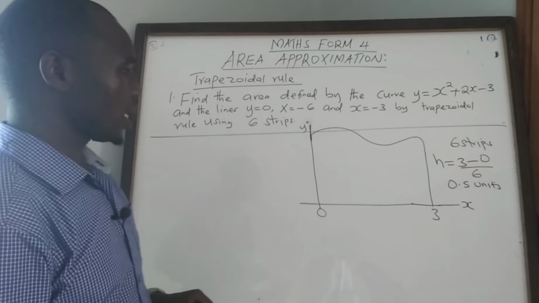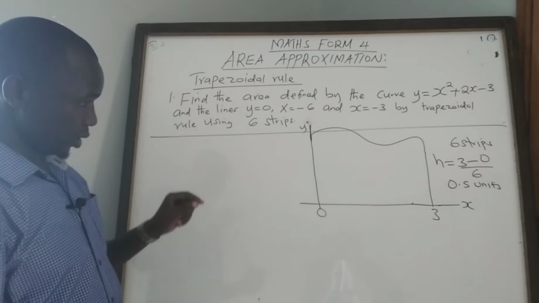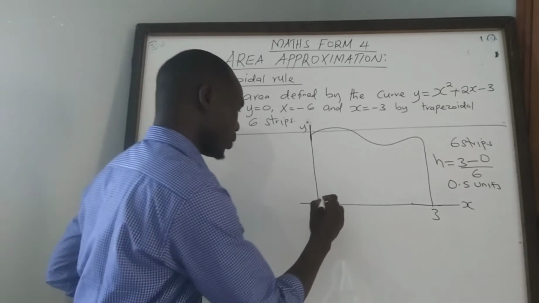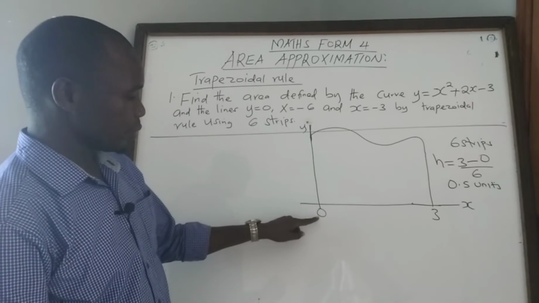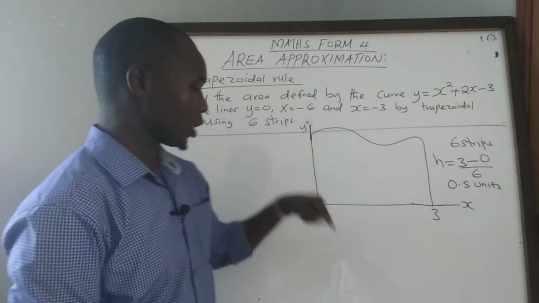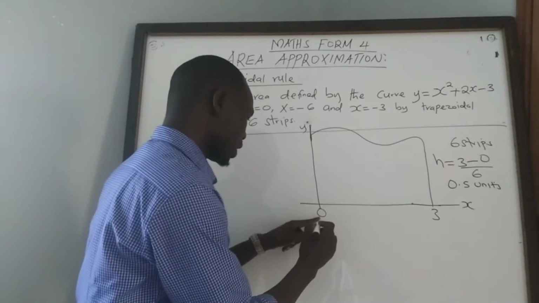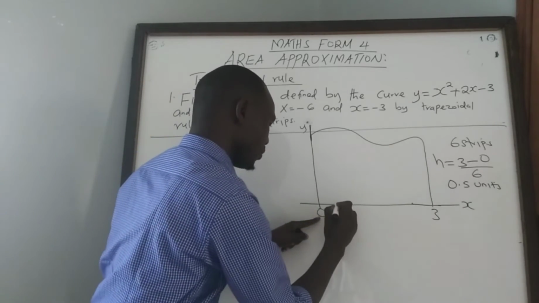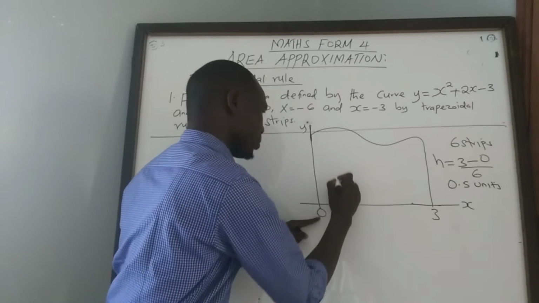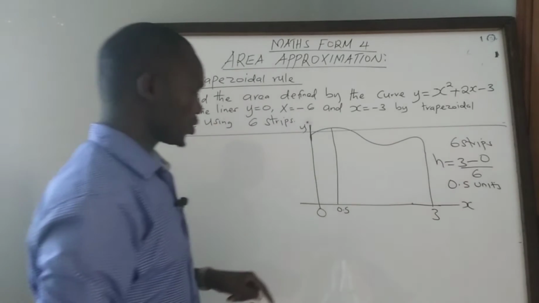So to get the trapezia, or the strips that we are going to work with, we start with the minimum value of x, then we keep adding the height. If you take 0 plus 0.5, we get 0.5, and this is where we are going to have our first strip.